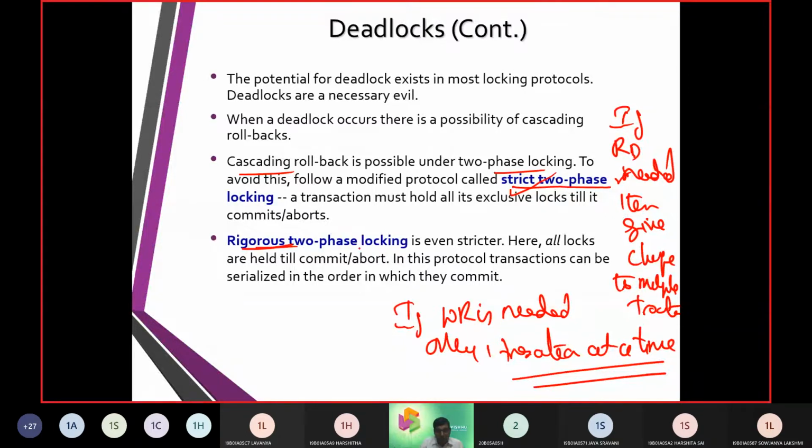But there is another variant, which is rigorous two-phase locking. Rigorous two-phase locking sees that all the locks are held until the DCL commands, either to kill the transaction or to freeze the transaction. Freezing the transaction permanently, we call a commit. Unfreezing, we call aborting, etc.